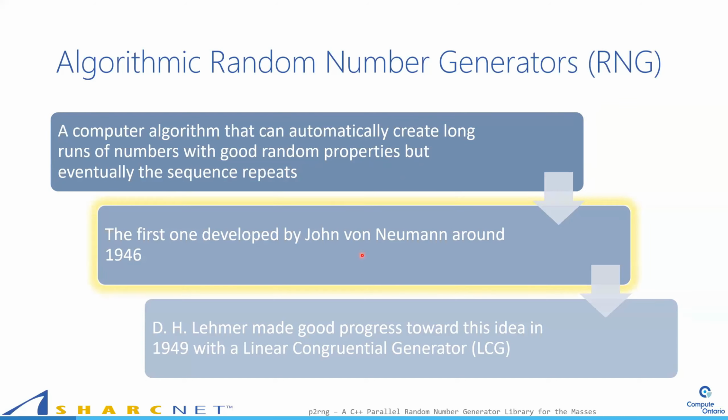The first one was developed by von Neumann, but it didn't have good quality. Then a mathematician named Lehmer made good progress toward this idea by introducing the linear congruential generator, or LCG.